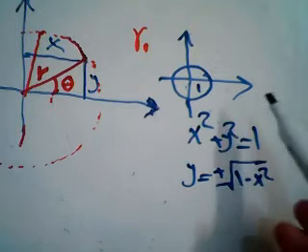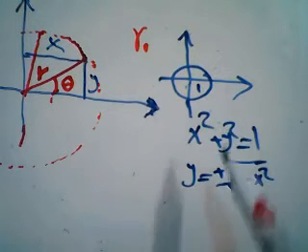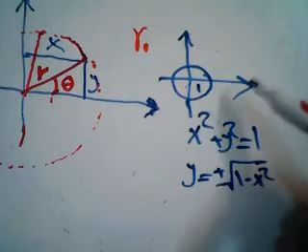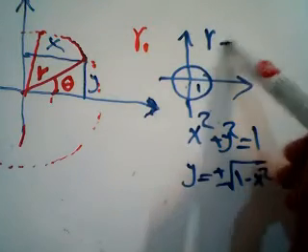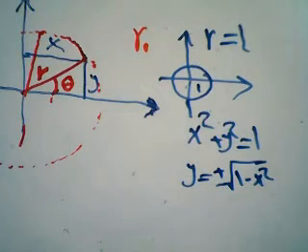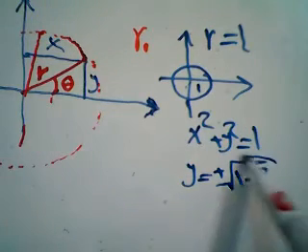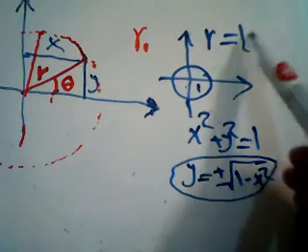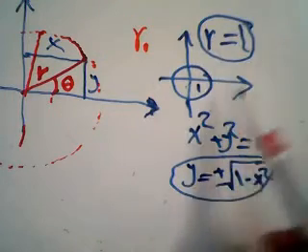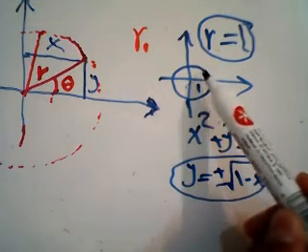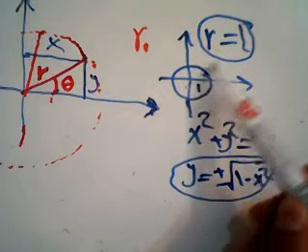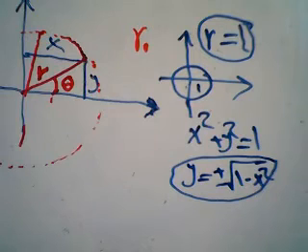But in the polar coordinates, its equation would be just r equals 1. Instead of this, we have this. The points on the circle have distance 1 from the origin, r equals 1.